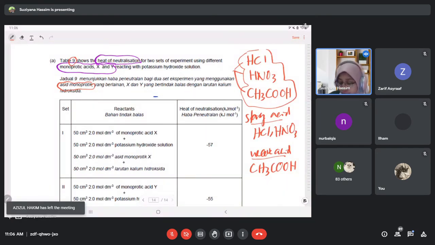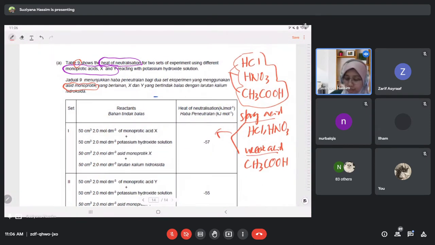One is a strong acid, another is a weak acid. That's why we want to relate this to the essay question.